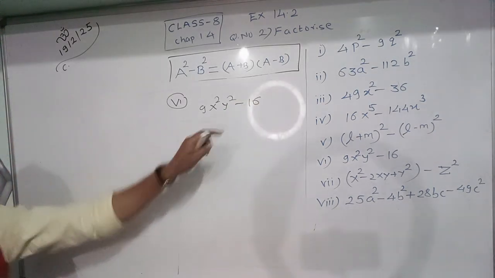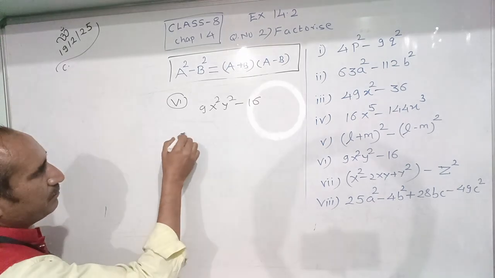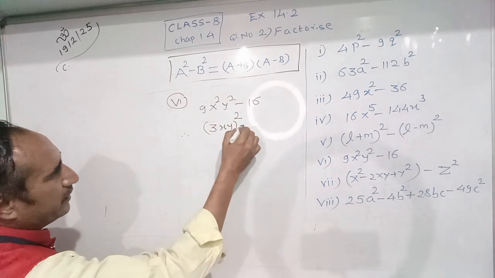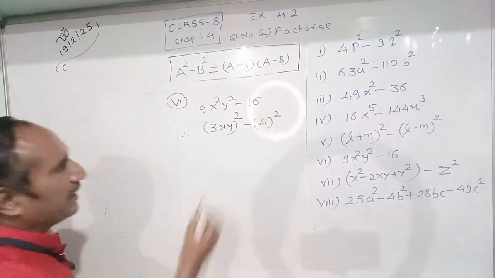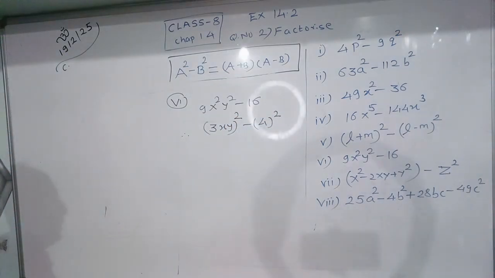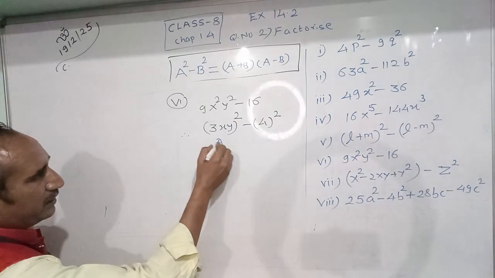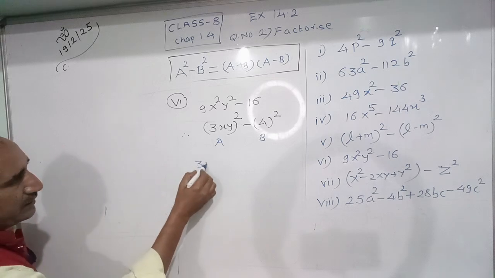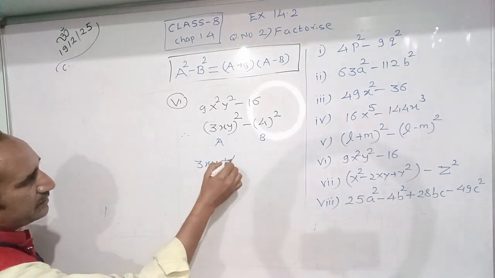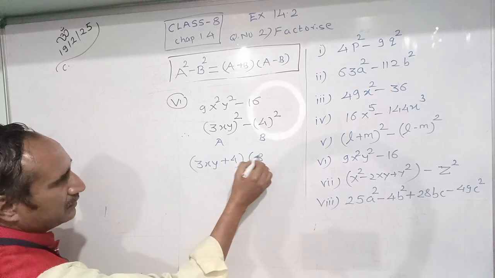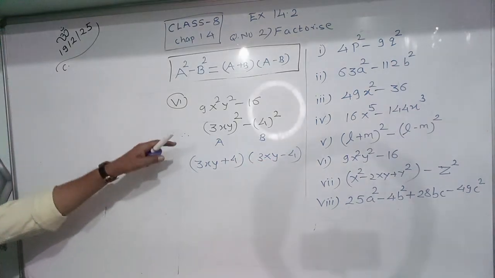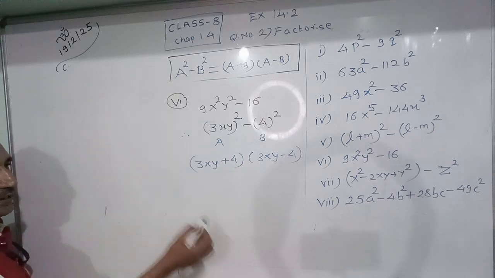You can see these two numbers are perfect squares, 3xy bracket square and 4 bracket square. Again here this term is a and this term is b. So we can take them into one bracket, 3xy plus 4, and 3xy minus 4. This is factorized by using the same trick.